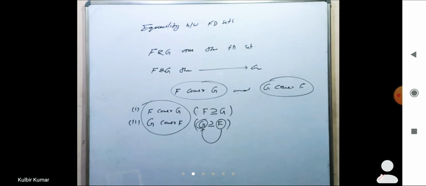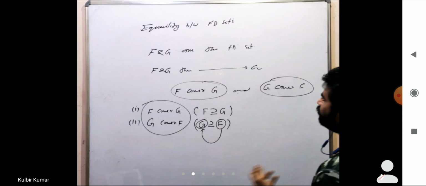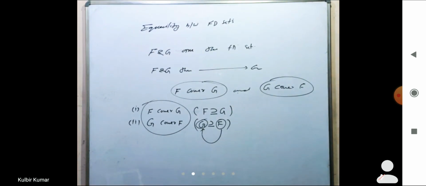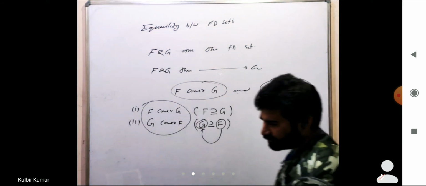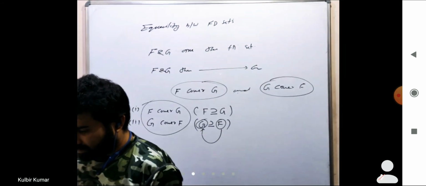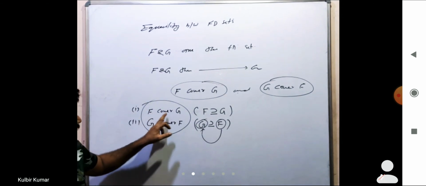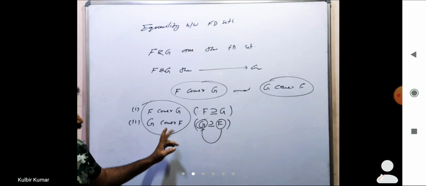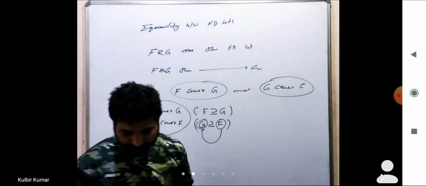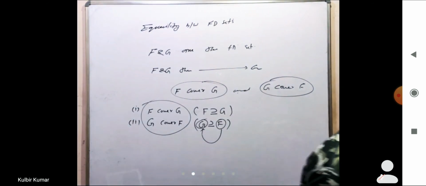It may be that they do not seem equal visibly but they are equal. ठीक है, देखने में नहीं लग रहा होगा ऐसा कि वो equal होंगे, but really में वो equal होंगे. So we can find out the equality with this one. We will find out F cover G and G cover F, and after that we can conclude. So let us take an example and after that we'll check.